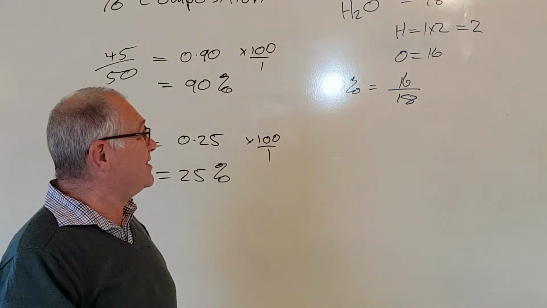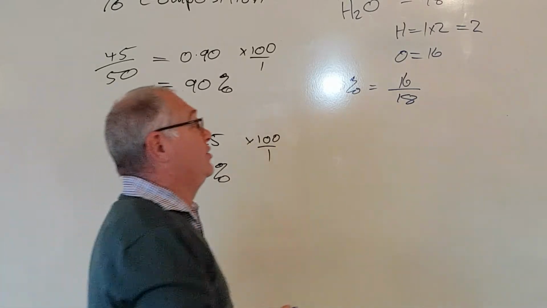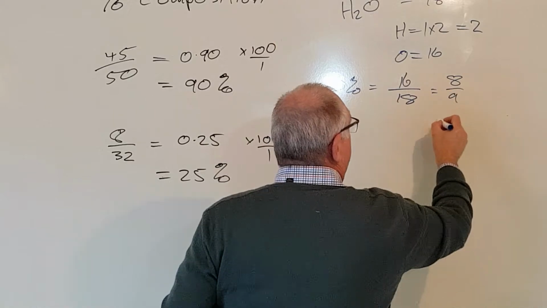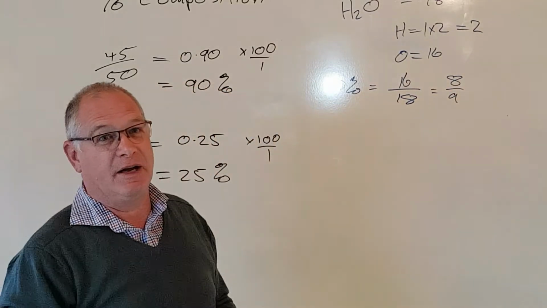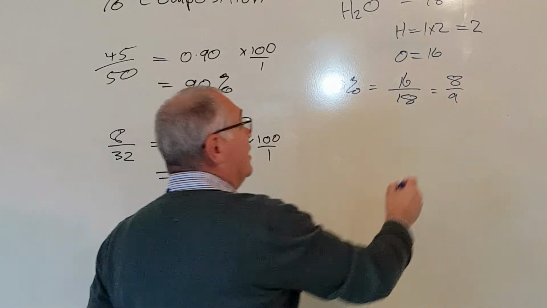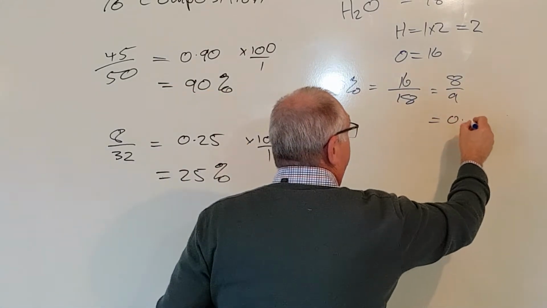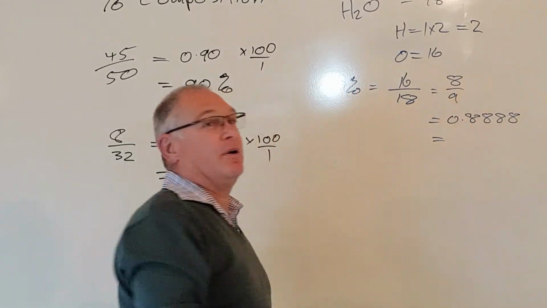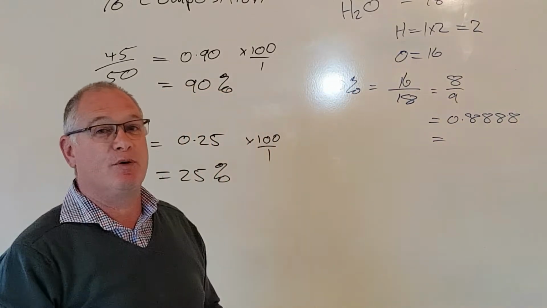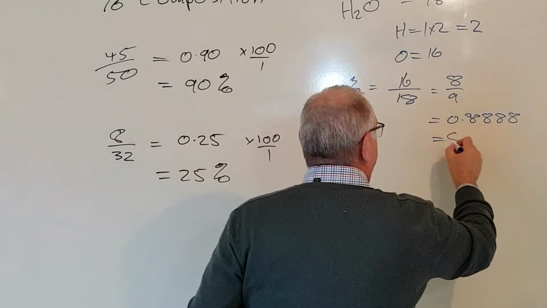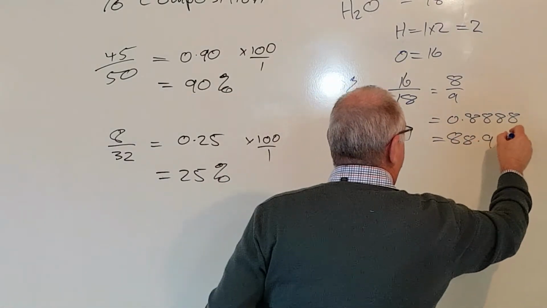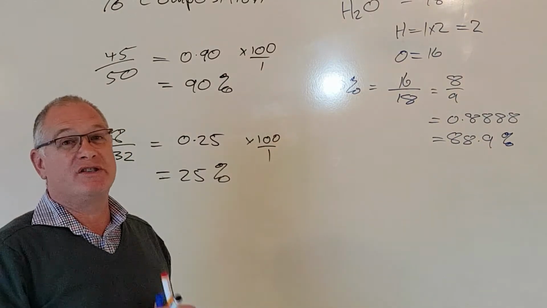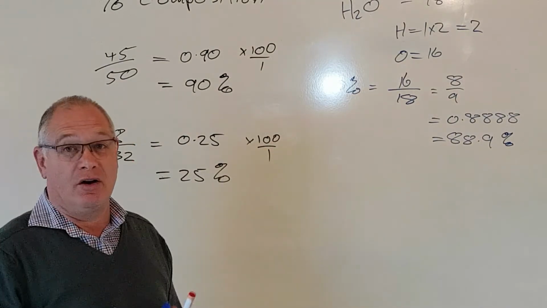If we convert 16 over 18 into a simplified fraction, that's going to be 8 over 9. And because I've learnt my fraction and decimal conversion, that is 0.8888. And if I multiply that by 100, simply shift the decimal point, that's going to be 88.9%. So 88.9% of water's mass is due to the oxygen.